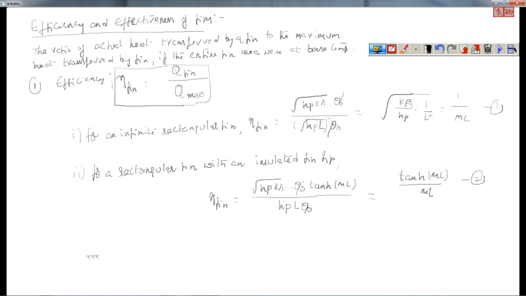Now sometimes there is a situation where the fin is sufficiently wide, then the term 2W in the perimeter will be large compared with 2T.